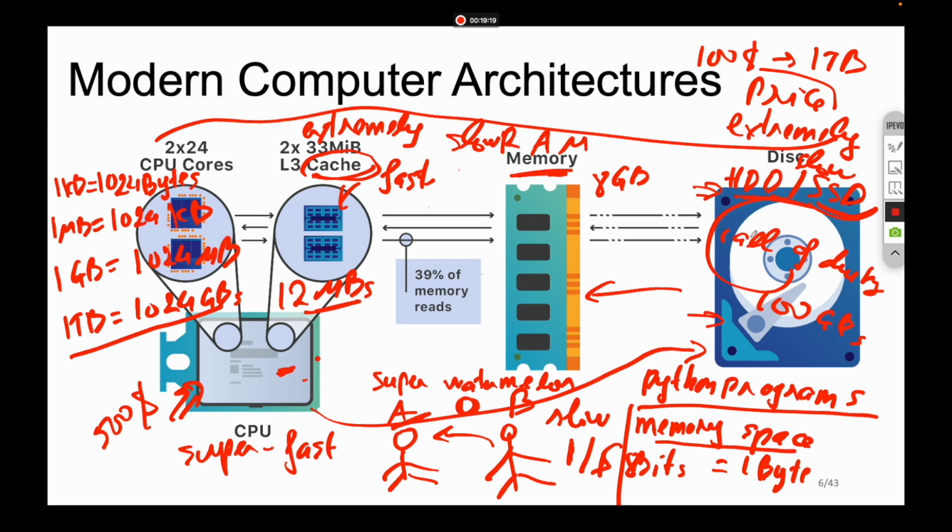And for processing, we need faster, and we can pay the money. So I strongly believe this architecture is the most optimal for price and for speed.